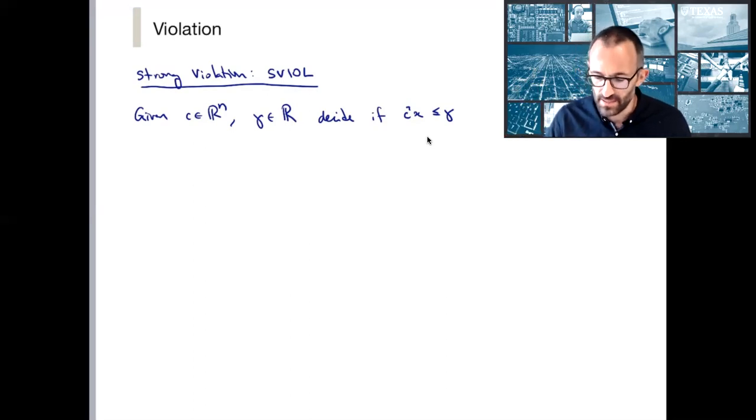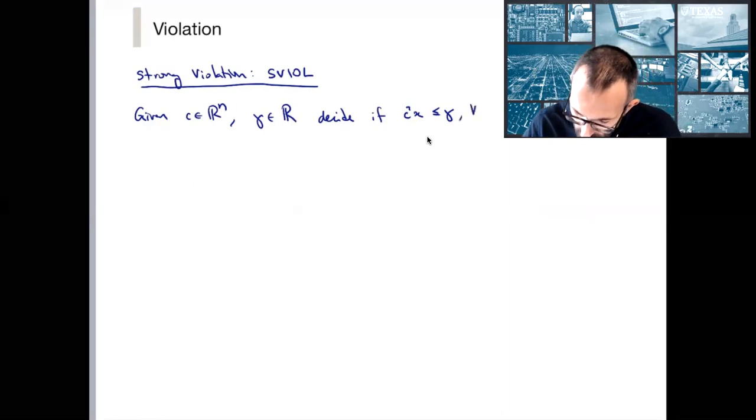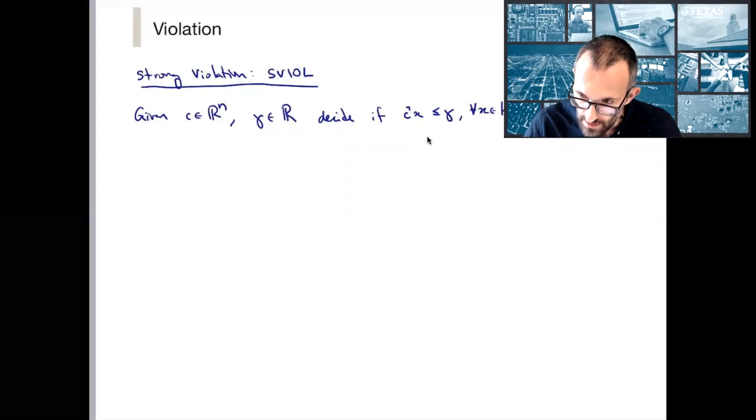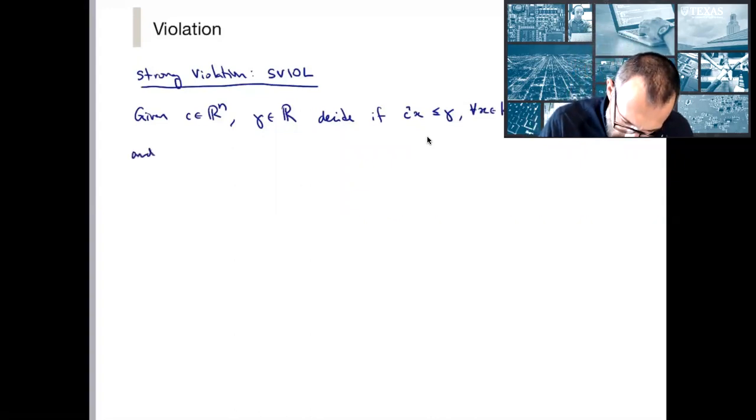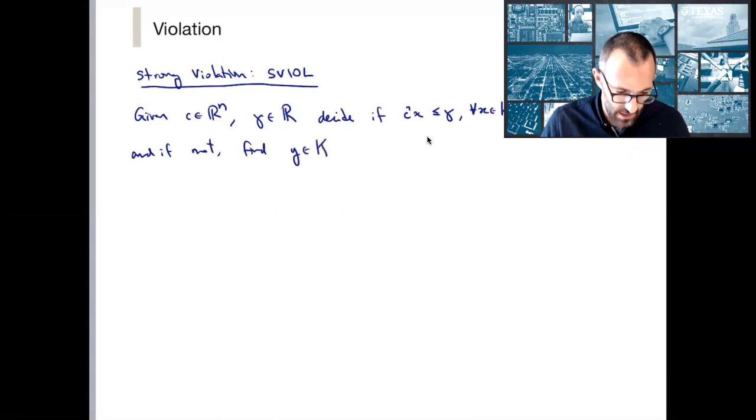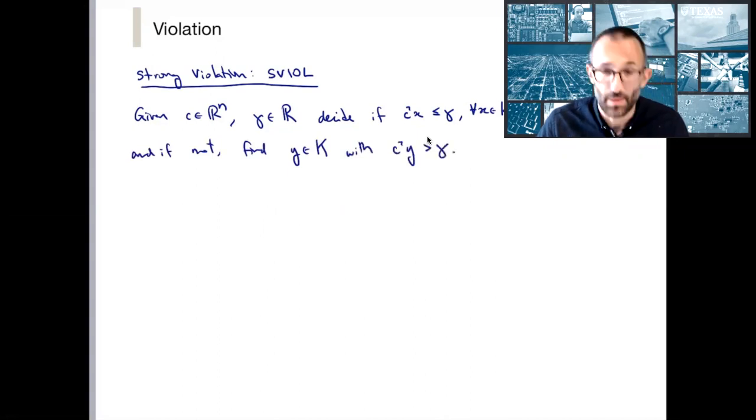And the problem is to decide whether c transpose x is less than gamma for all x in K. And if not, find a y in K with c transpose y bigger than gamma.